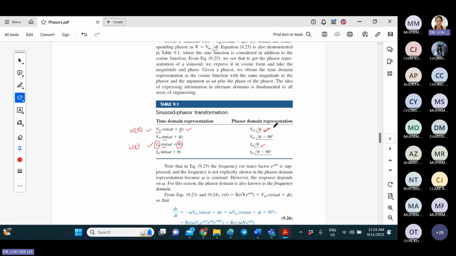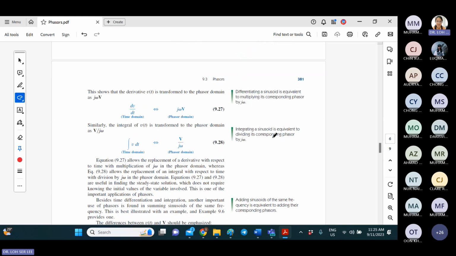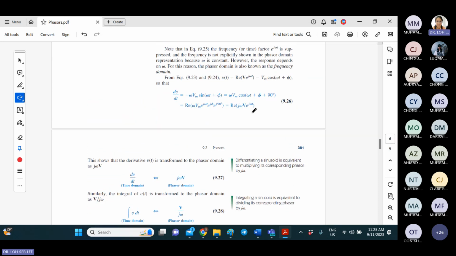But when this is sine, you have to use this angle minus 90 degrees to get the phasor domain. Okay, so far? Next.